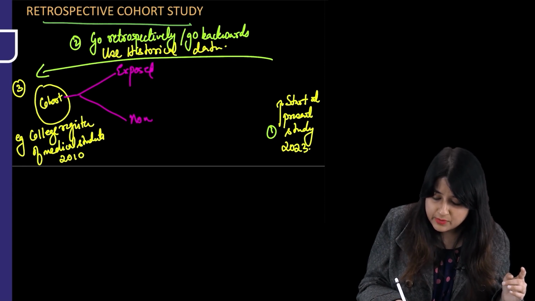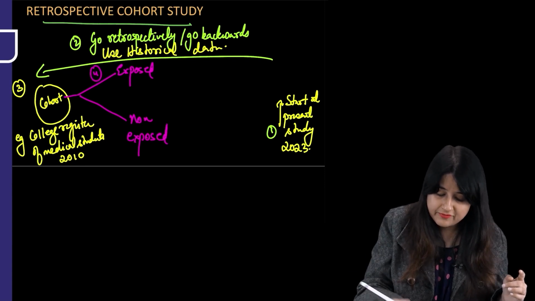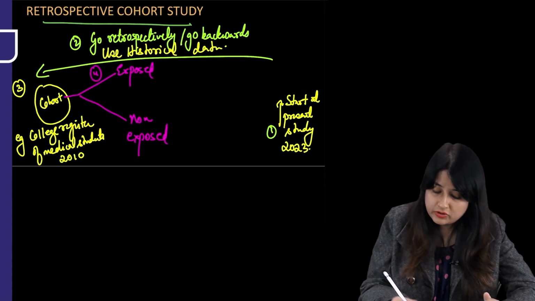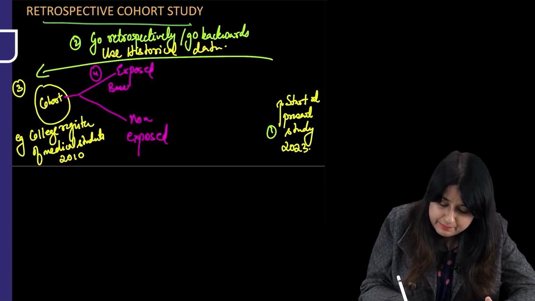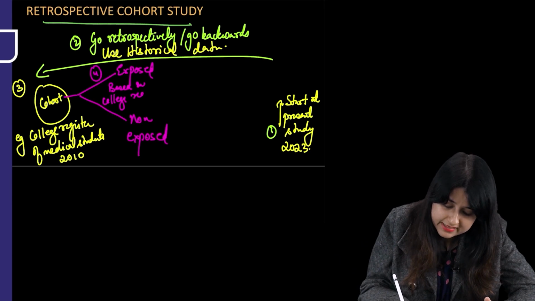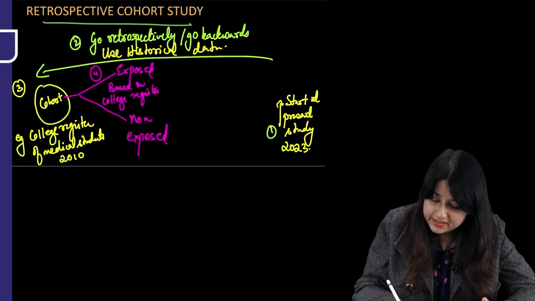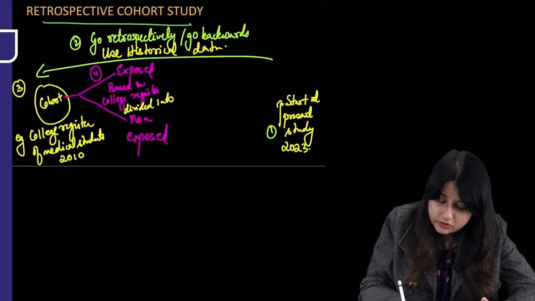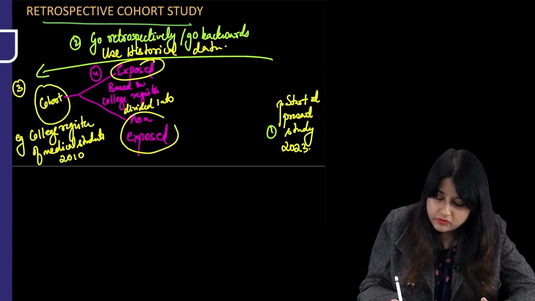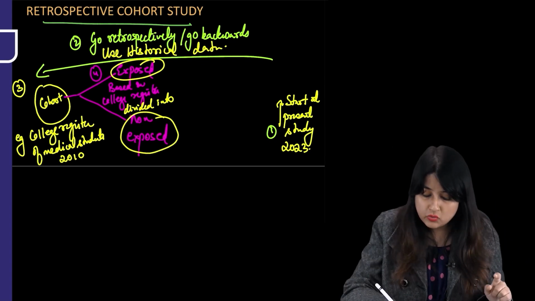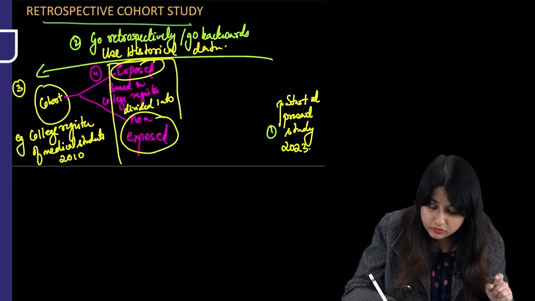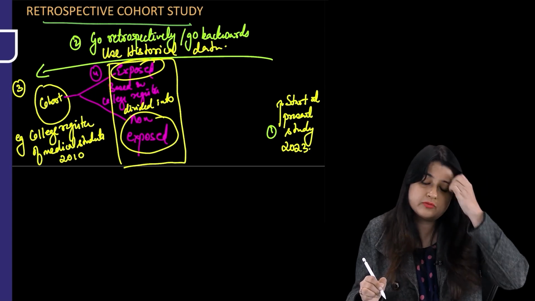Can you see? We are again comparing exposed and non-exposed. So what is my fourth step? Based on the college register that we have found, the study participants have been divided into exposed and non-exposed. Then you are going to compare this group only, exposed and non-exposed.